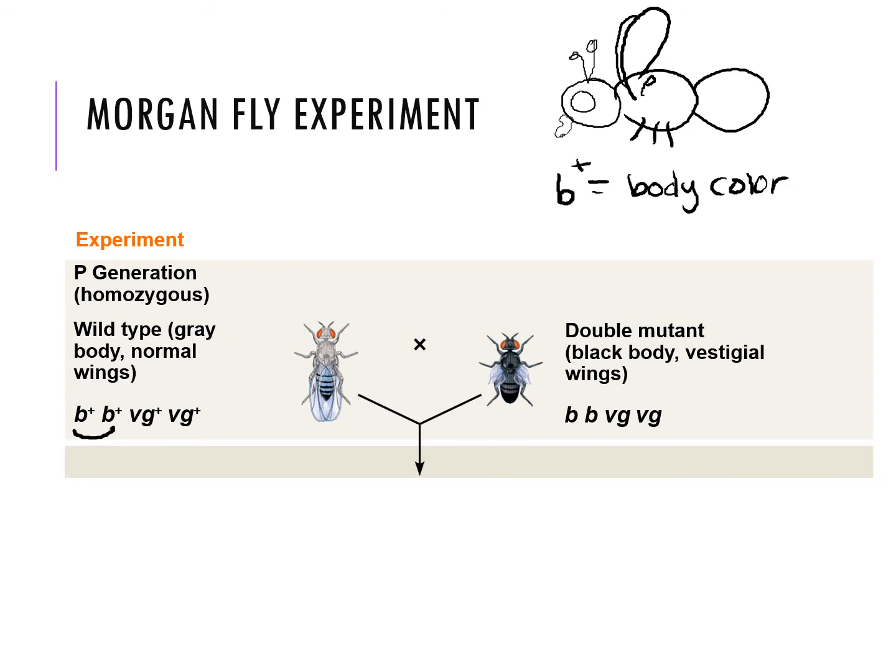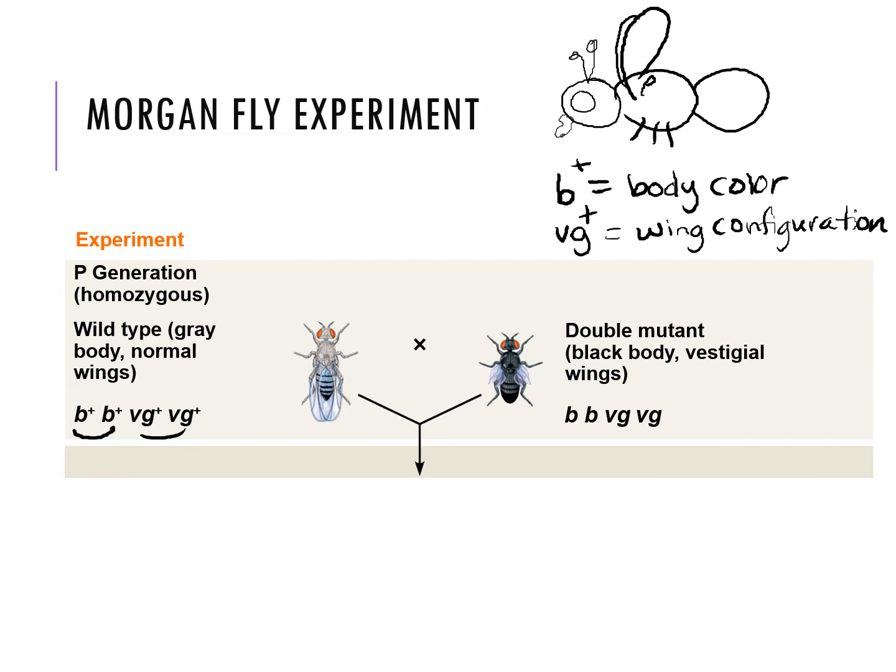We would give it a superscript plus sign to show that this is the normal, dominant, wild type condition. The other allele that we're following in these experiments is going to be the wings. So this is going to be wing configuration, we'll call it. So if you have normal wings, where you have one pair of big wings and one pair of little halteres, that would be the wild type, so it would be noted as VG+. And if it's anything else, then we would just omit the plus sign from that.